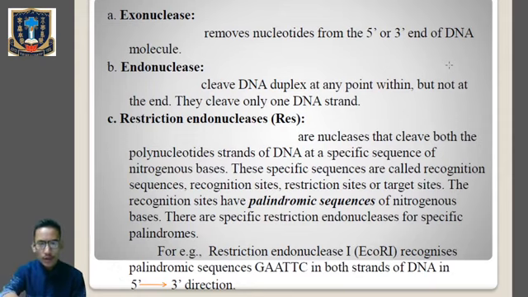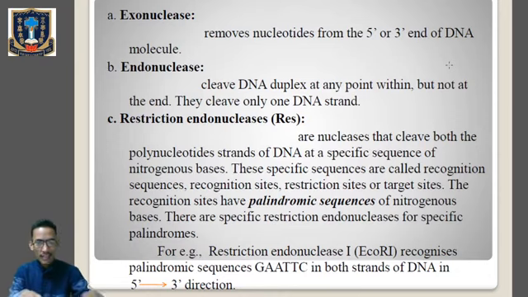Clear? Sugar and base will form a nucleoside, N-U-C-L-E-O-S-I-D-E. But nucleoside plus phosphate will form the nucleotide. Here you can get confused because I am saying nucleoside plus phosphate. Why am I saying nucleoside? Because nucleoside means sugar and base, and there are 4 types of nitrogenous bases: adenine, thymine, guanine, and cytosine.